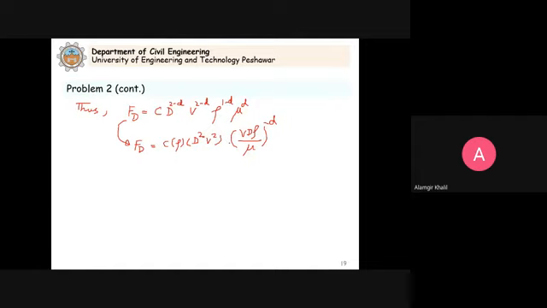So you can see here we find something familiar. What is something familiar? This VD rho divided by mu is actually the Reynolds number.